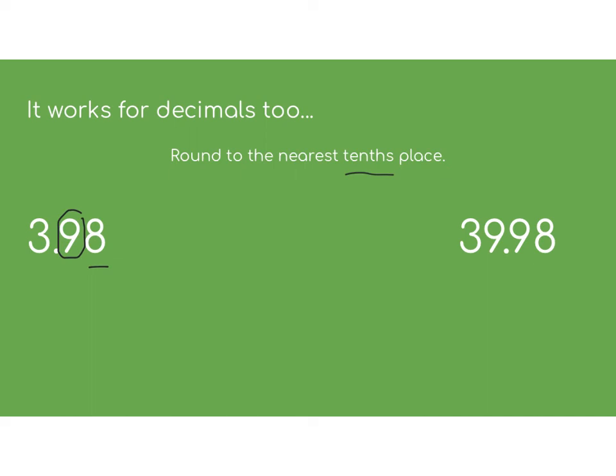So that means my circle digit is going to become 1 more than it already is. 1 more than 9 is 10. I put the 0 here and carry that 1 over. The 3 becomes a 4. The underlined digit becomes a 0. This is the only time where I would change the digit in front of the circle digit as well.